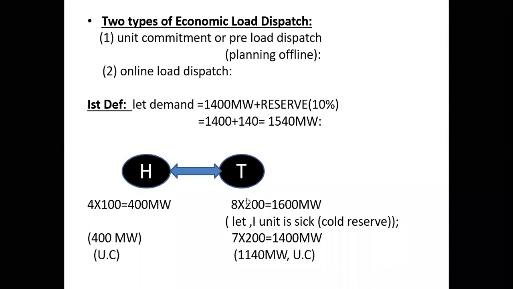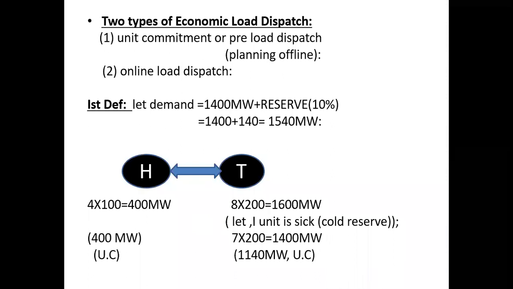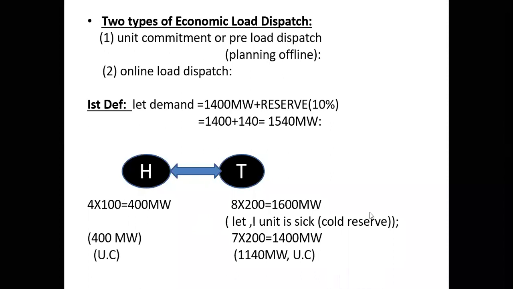But out of 11 units, how many units are we using? For how many units are we giving the job of generating power? That is nothing but our unit commitment. So this is our first definition. Easily you can understand it with this simple example.